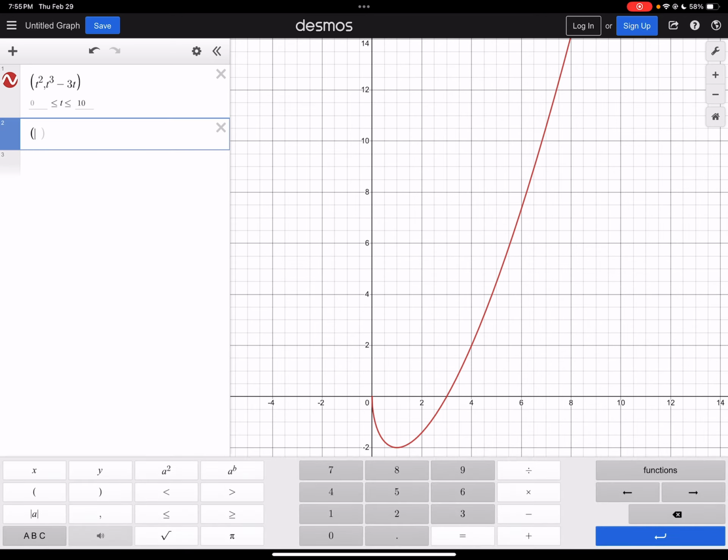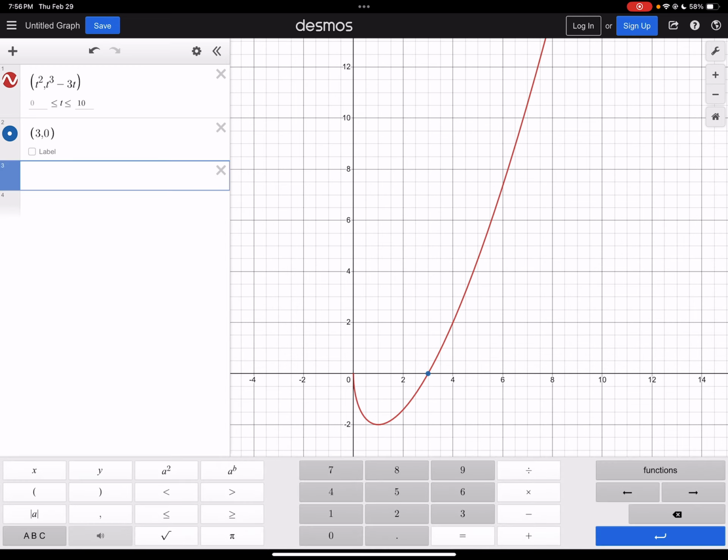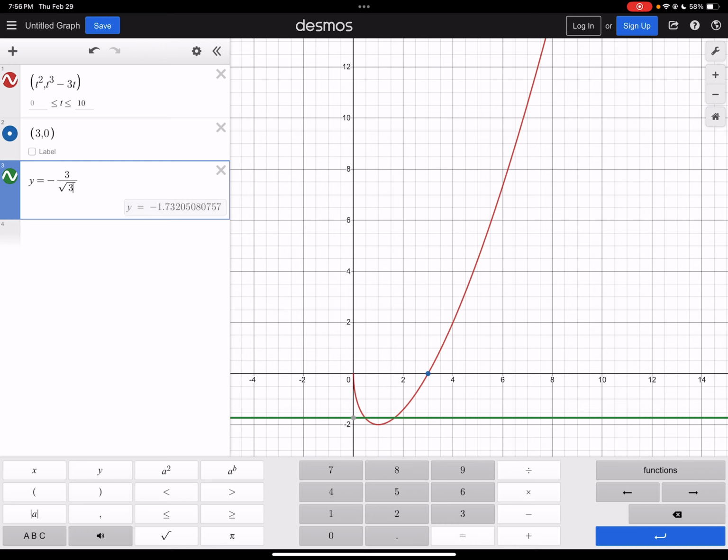Now, negative 3, 0 is this point right here. So what I'm going to do is do y is equal to negative 3 over root 3 x minus 3.